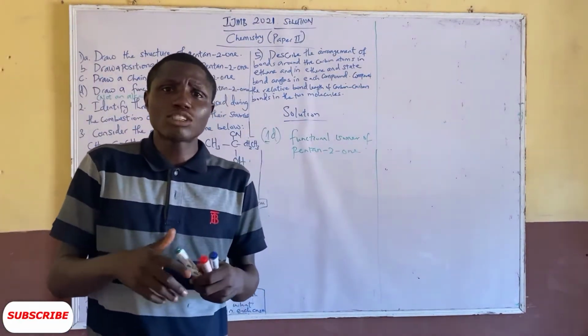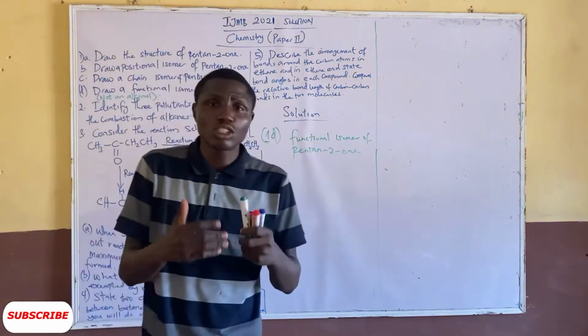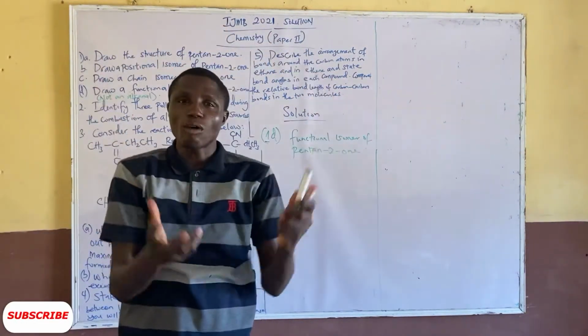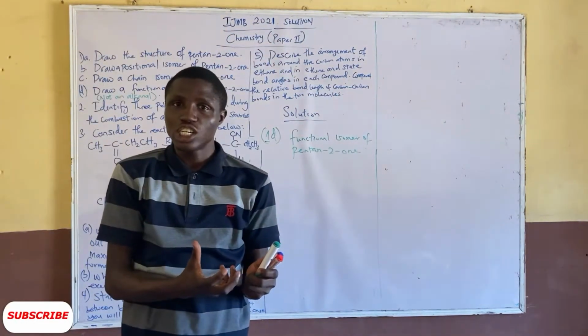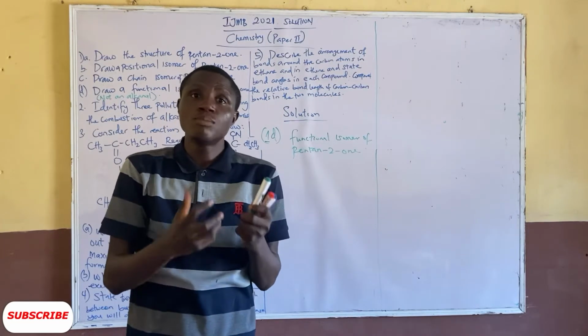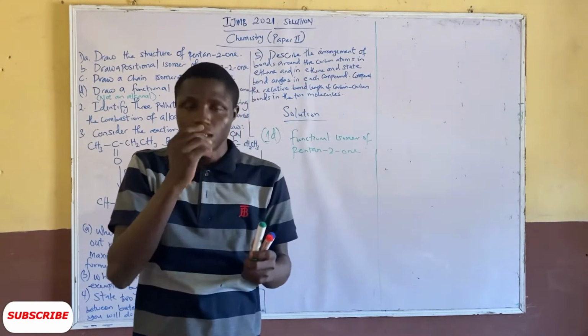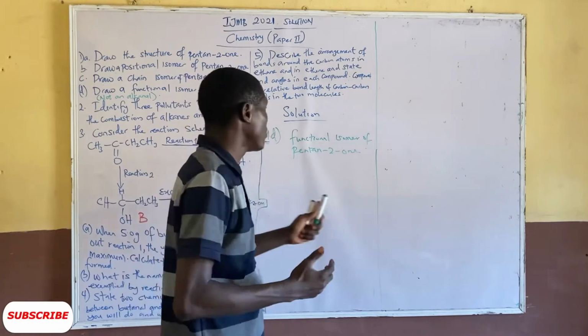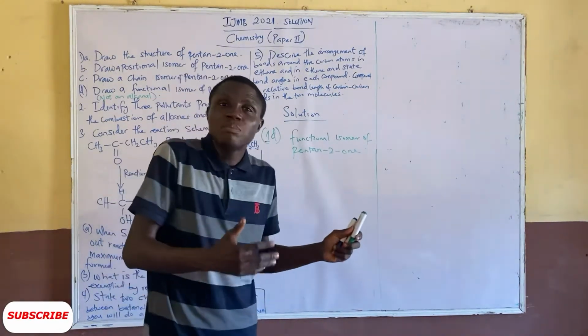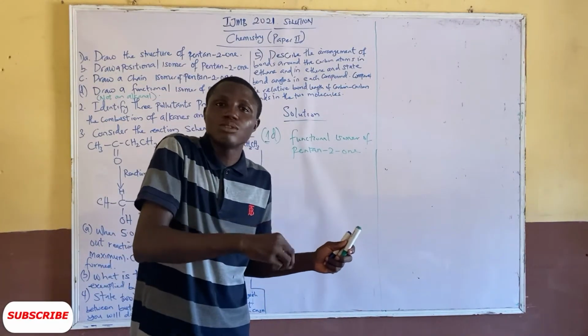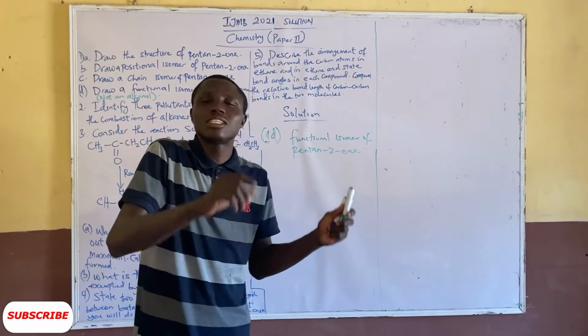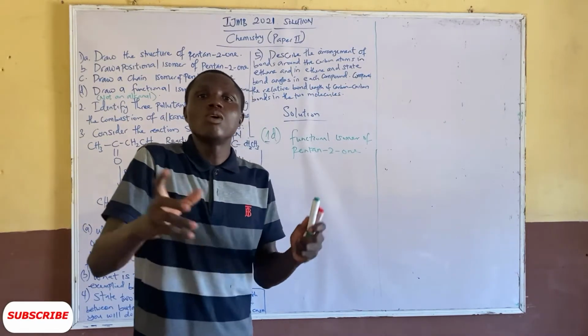What do you mean by functional isomers? Functional isomers are in such a way that the functional group of the isomers will change, but the molecular formula will still be intact. For instance, the number of carbon will still be the same, and the number of hydrogen will still be the same as the number in the new compound.